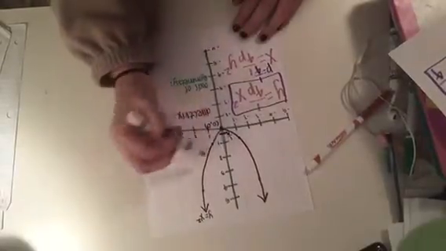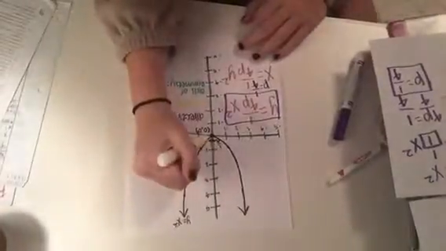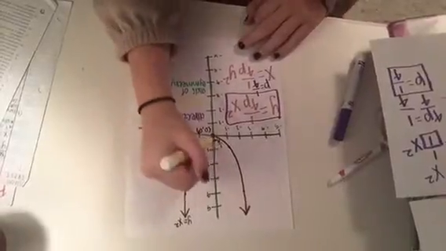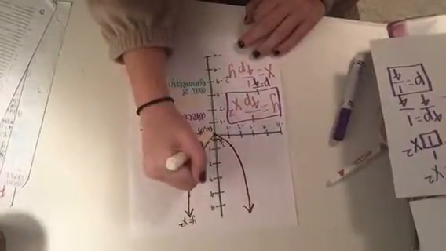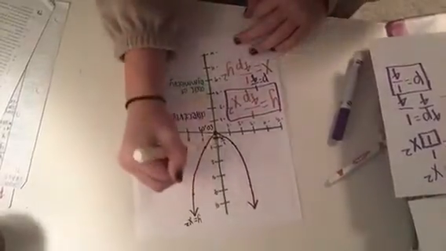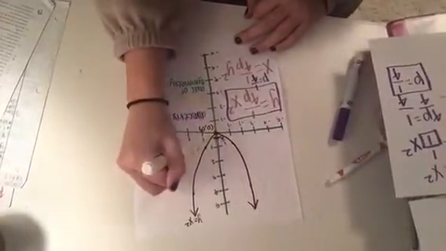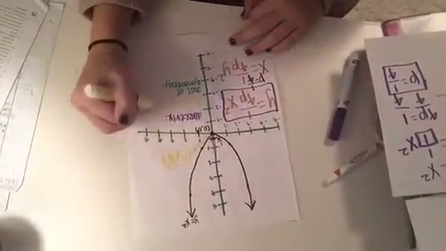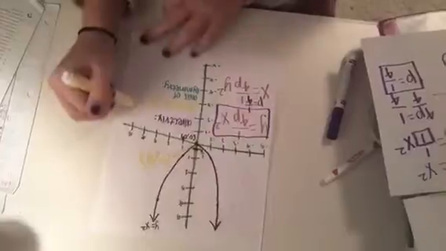So that is our focus. We just found how far away the focus is from the vertex. Since it's 1/4 units upward inside of the parabola, it's going to be at (0, 1/4). So that's where our focus is.